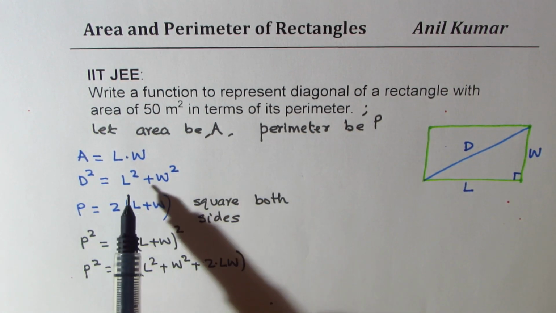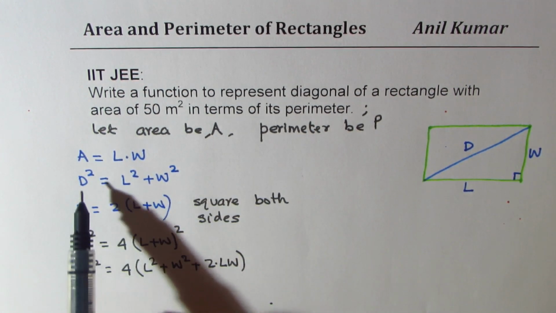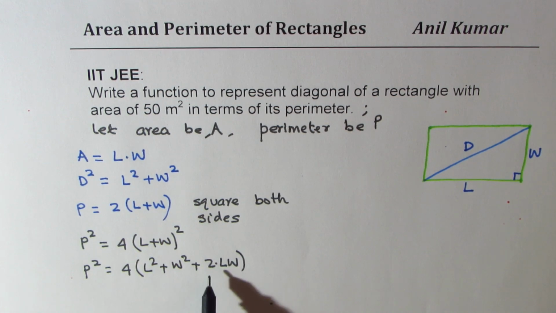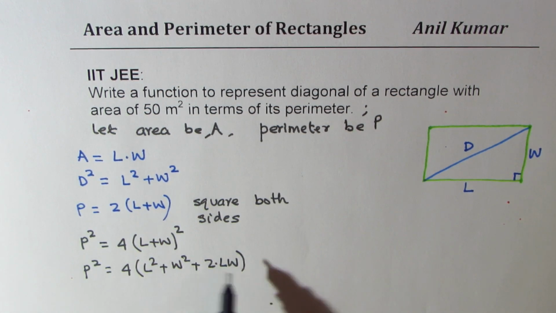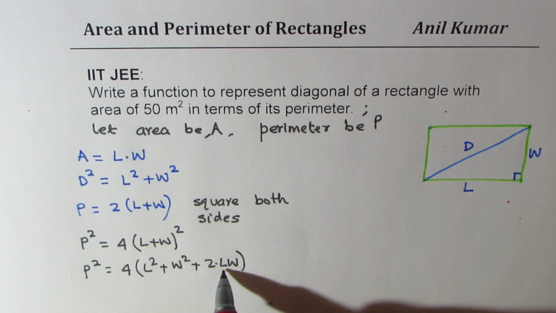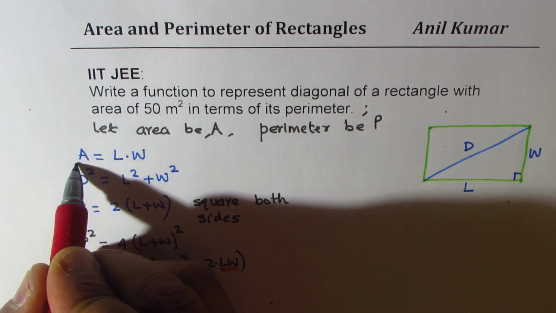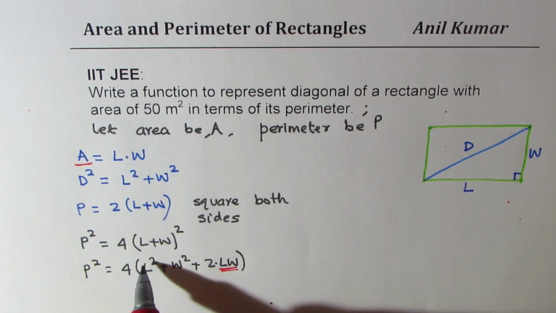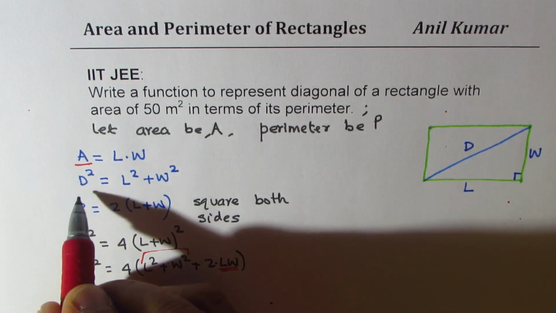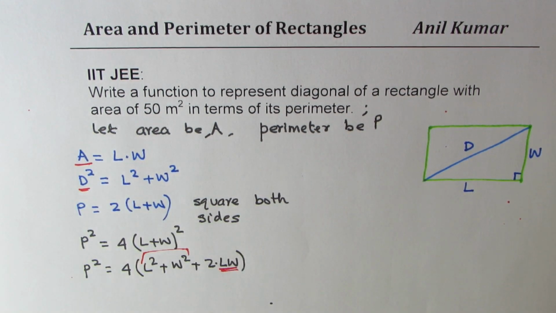Now we know what length square plus width square is, which is diagonal square, and length times width is area. Do you get the idea, right? So what we're trying to say here is that length times width is A, and this part here is D square, correct?